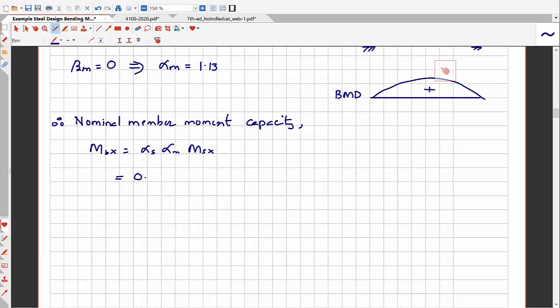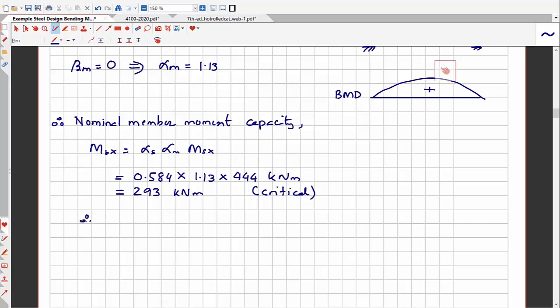Alpha S we found as 0.584. This is the slenderness reduction factor. And the moment modification factor we found as 1.13. And the nominal section moment capacity is 444 kilonewton meter. So that gives us our member moment capacity as 293 kilonewton meter, and of course this is the critical one compared to the section moment capacity.